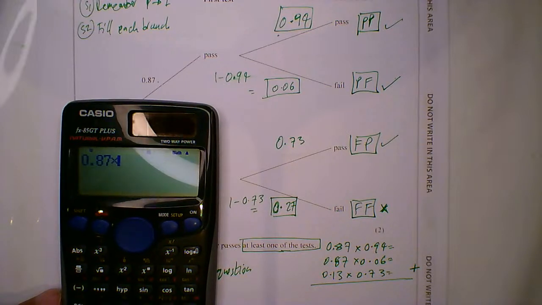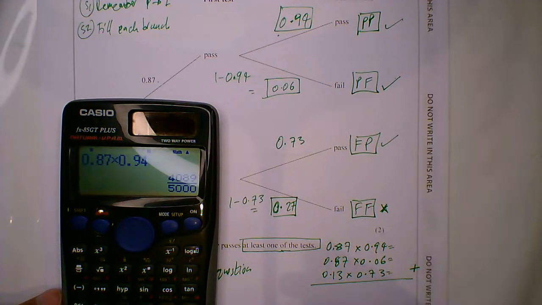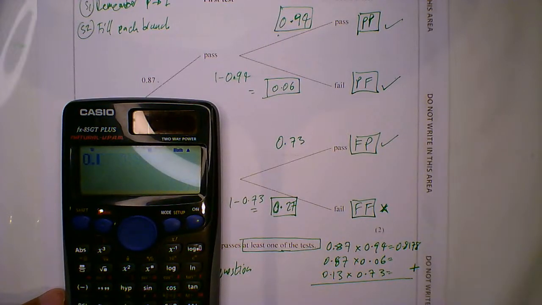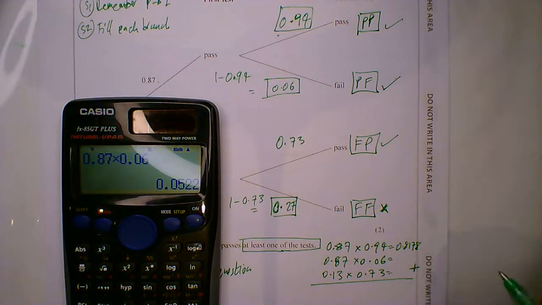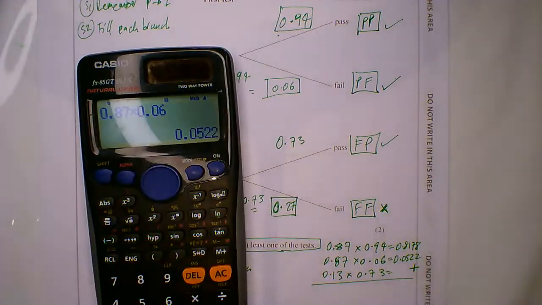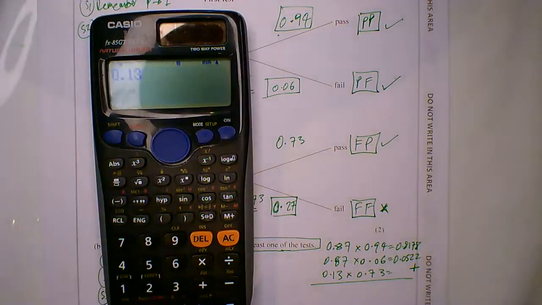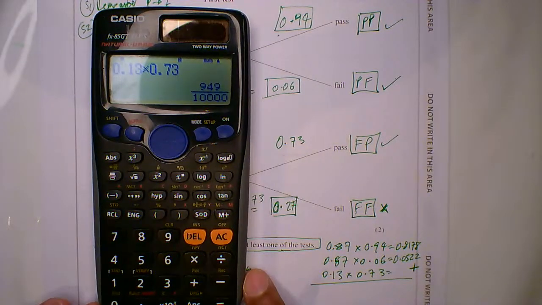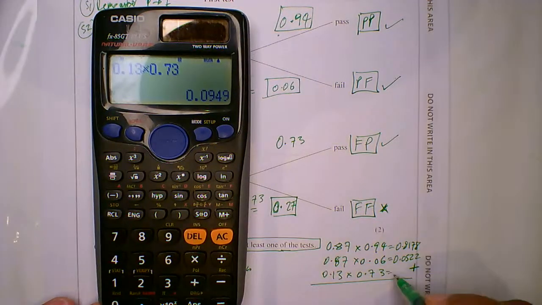0.87 times 0.94 is 0.8178. 0.87 times 0.06 gives us 0.0522. 0.13 times by 0.73 gives us 0.0949.